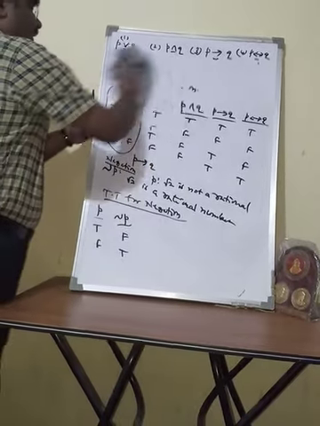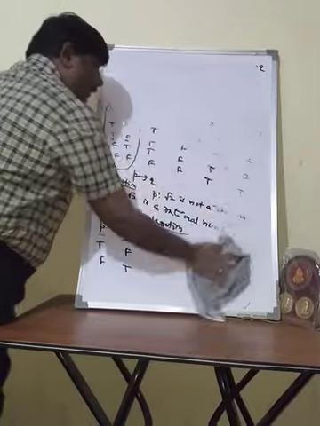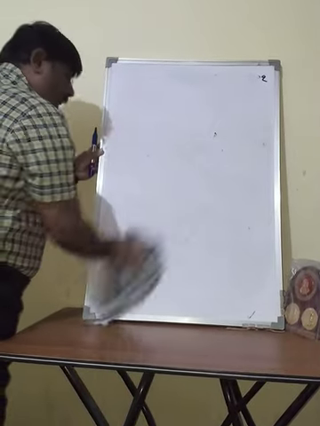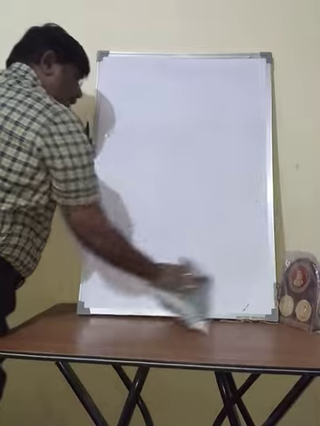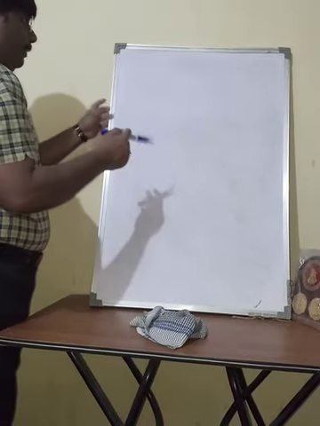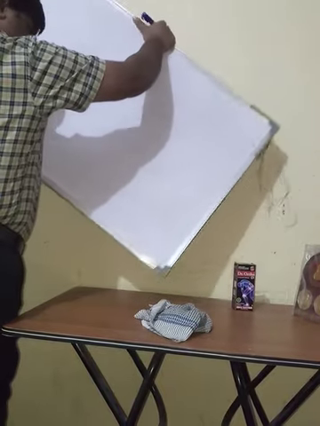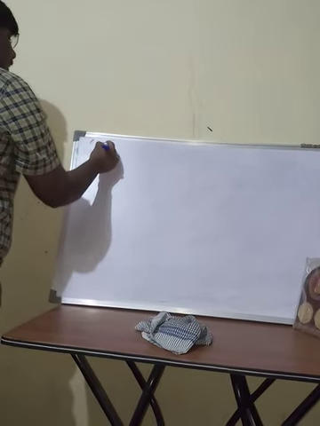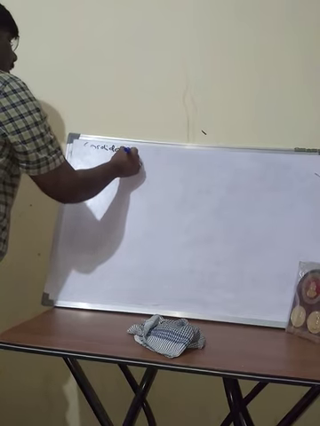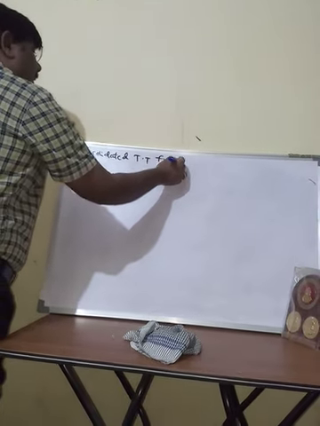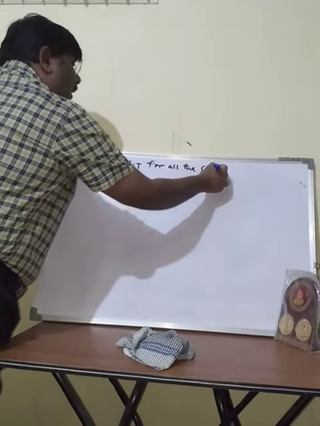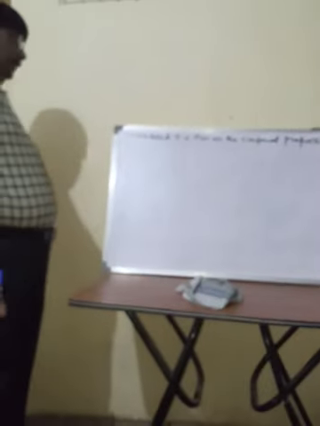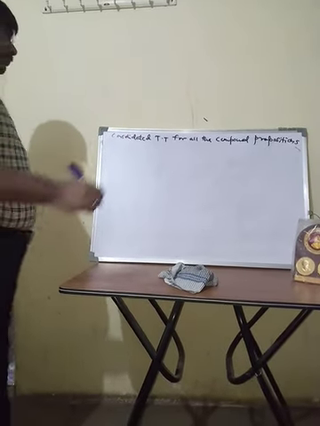Now, let us see the consolidated truth table for all the compound propositions.